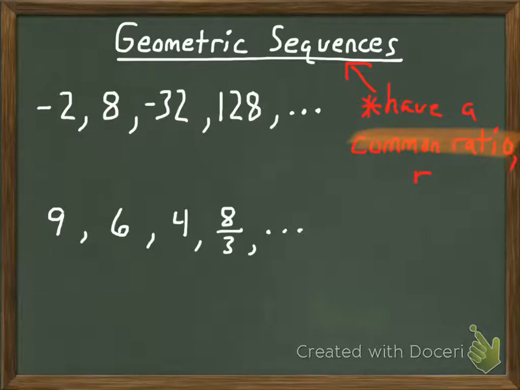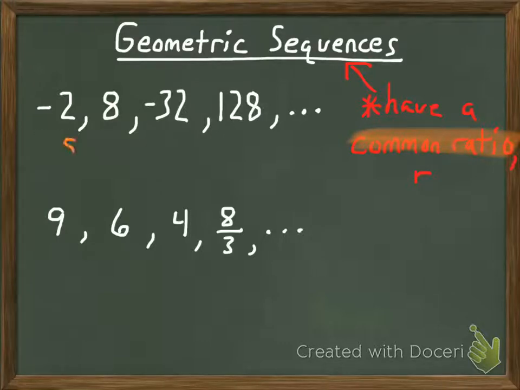Now, here's how you're supposed to get the common ratio. You're supposed to find out what the common ratio is by finding the ratio between consecutive terms, any two consecutive terms, but always do the ratio between a term and its previous term.